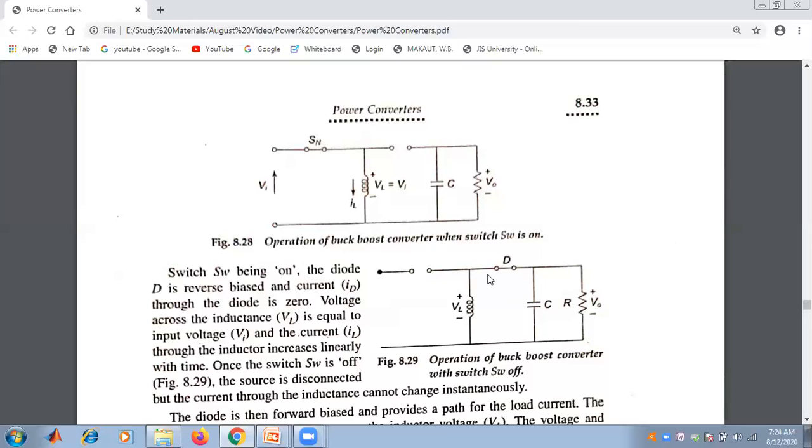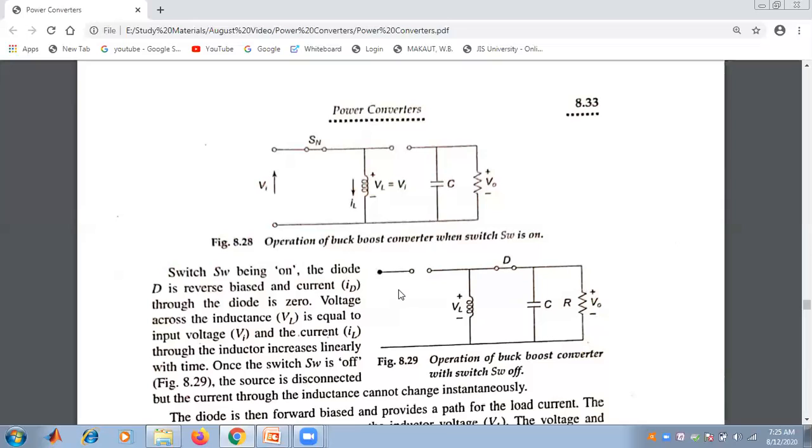So now the output voltage, that is the voltage across the resistance, V suffix O or VO, will be the same as the inductor voltage VL. It is clear because there is no source acting when the switch is open.